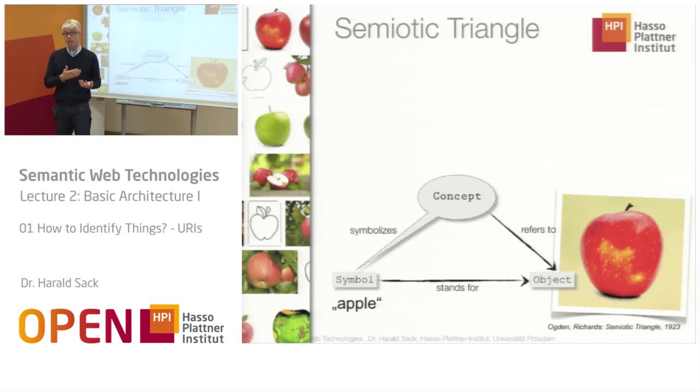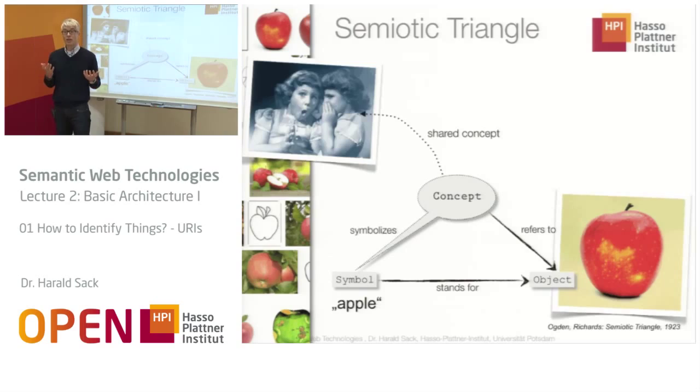We take into account representations of these things and not the things themselves when we talk about them. Then we might share a common concept, and on the basis of this shared concept, we are able to communicate and understand information.